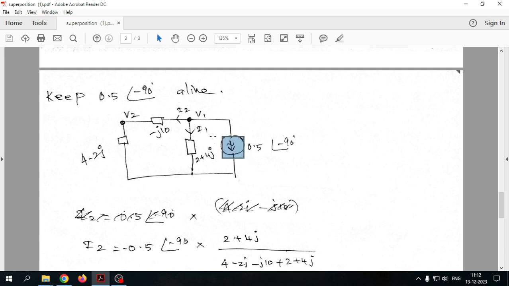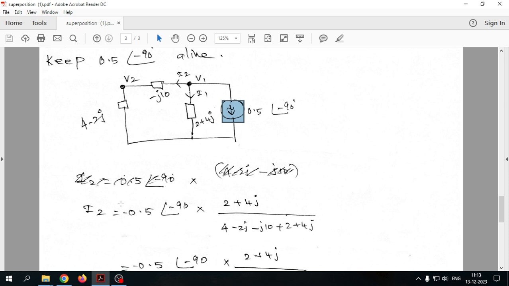Whenever I consider the current direction as upward, I need to put a minus in front of the actual value, because I assumed the current direction is this way, but the actual current is going downwards, so I have added a minus sign along with the actual value and the opposite resistance.